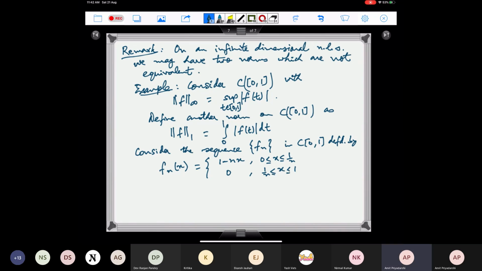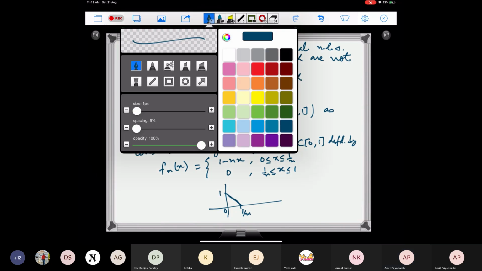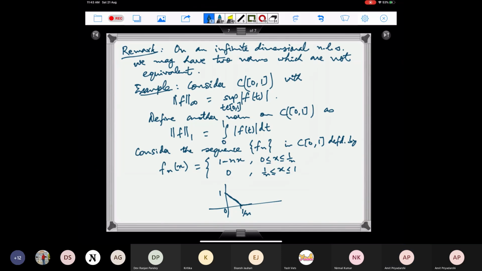So this f_n(x) is simply this function where at 0 it is 1, and then you join by this straight line from 0 to 1 by n, and then it is 0 up to 1. So this is the function f_n(x).